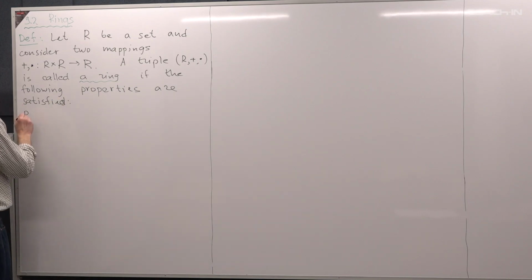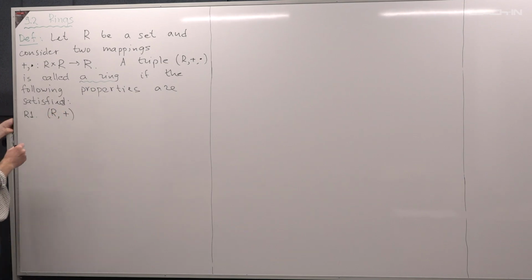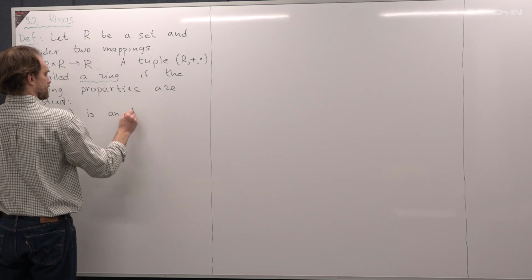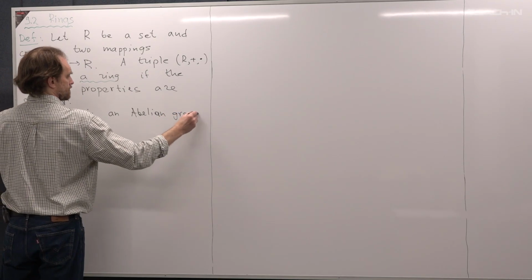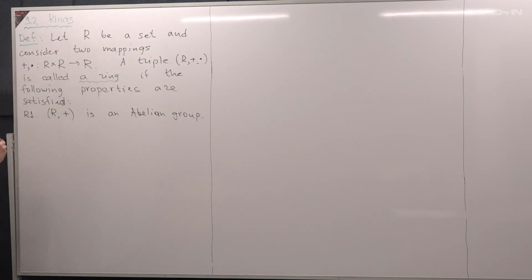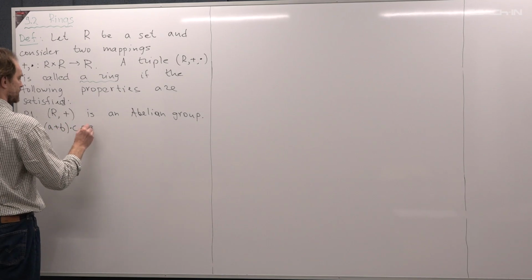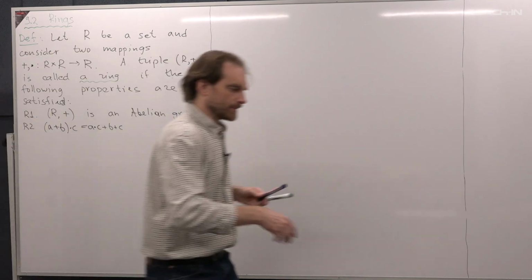So the first property, R1, R is an abelian group with respect to the first operation. Then R2, A plus B multiplied by C equals A multiplied by C plus B multiplied by C, sorry.